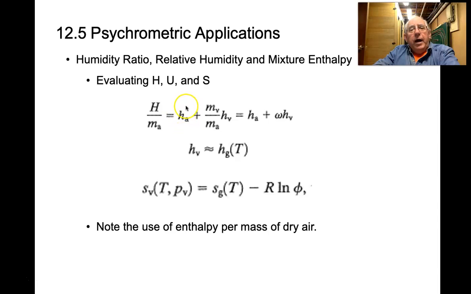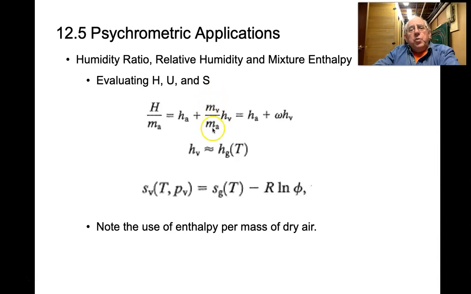That would be how much energy per mass of dry air. But then we have this term here, which is, once we have the specific enthalpy of the vapor, we then multiply it by the mass of the vapor over the mass of dry air.